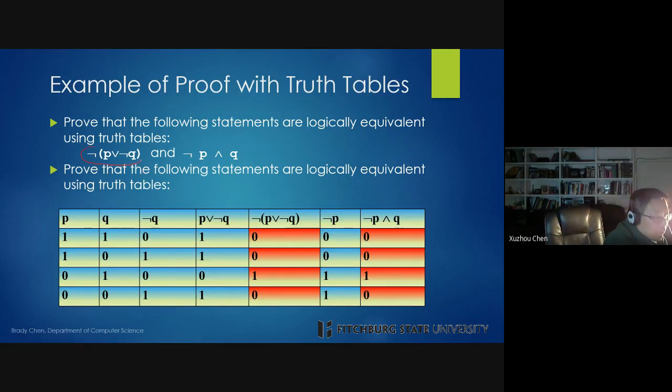Okay, that means, or I can say, these are the same. Then you can build the truth table on the left side and build the truth table on the right side. You can prove that it's true.